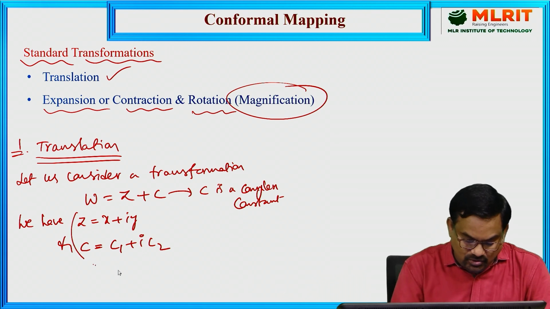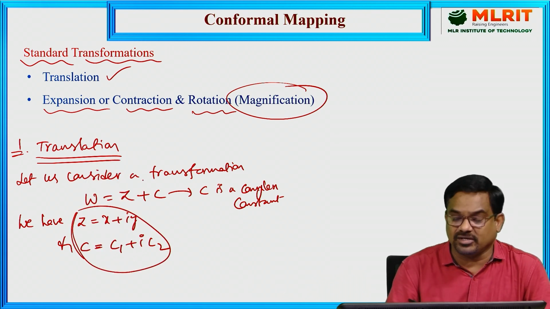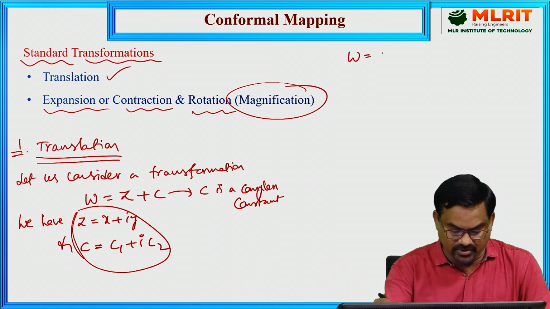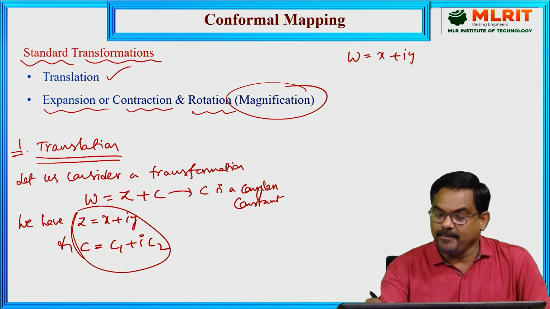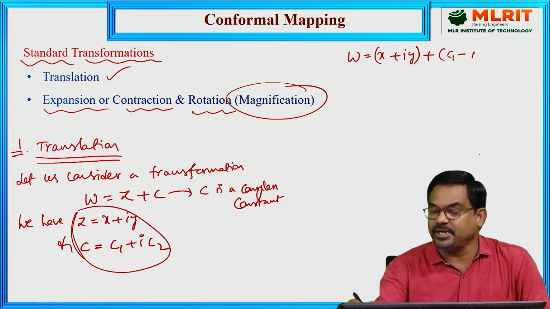Now let us use these two in this transformation. So W equal to X plus iY, this is Z, plus C, C1 plus iC2.